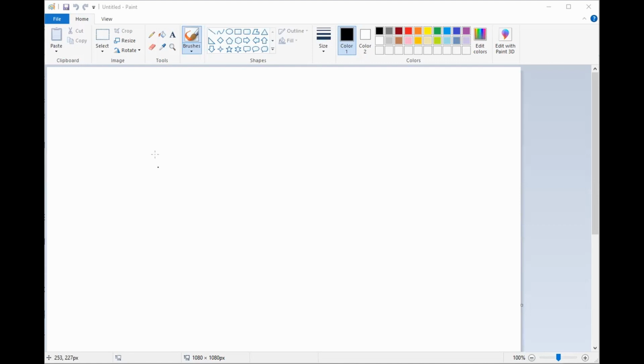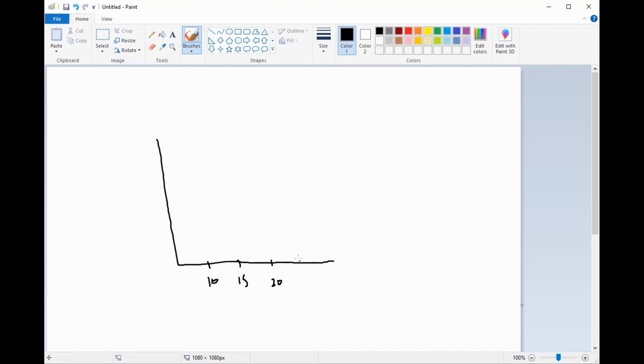So let's think of it like this. For example, if you have an X and Y axis like this, and on your X axis you have fare. So this is a fare of $10, this is $15, then we have $20 here, and then $25, and we go on further higher up.